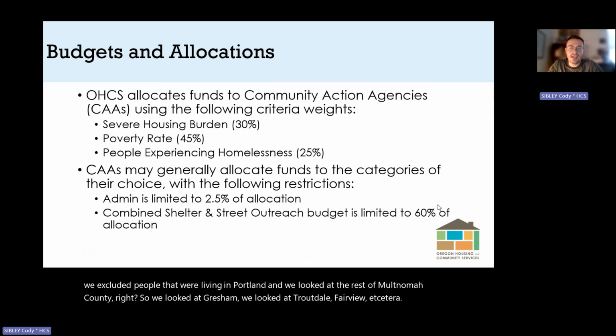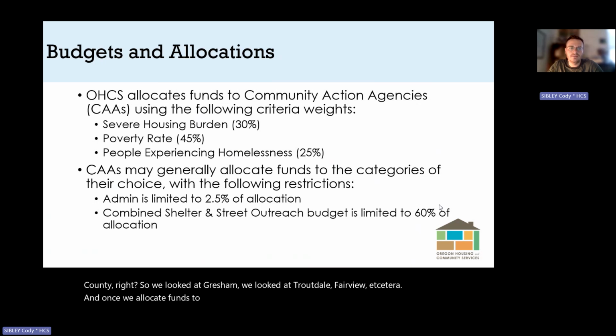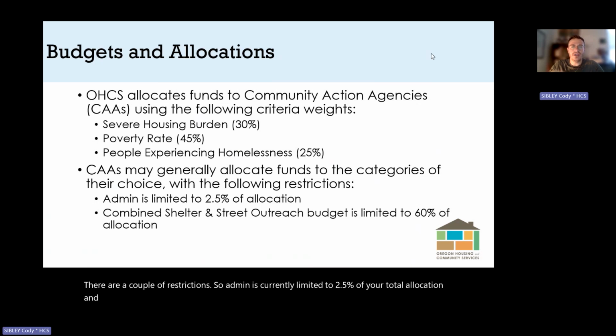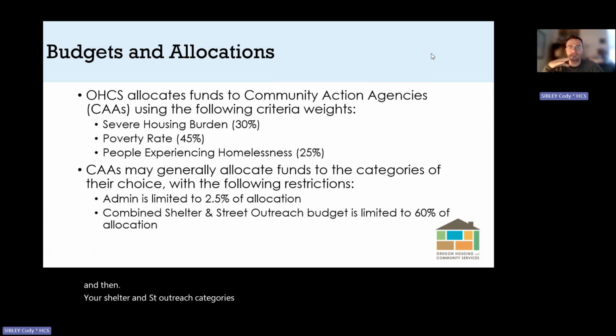And once we allocate funds to you, the CAAs, y'all generally are able to allocate funding to the categories of your choice. There are a couple of restrictions. So admin is currently limited to 2.5% of your total allocation. And then your shelter and street outreach categories combined cannot be more than 60% of your total allocation.